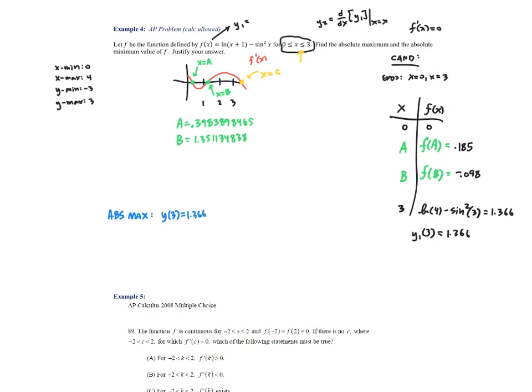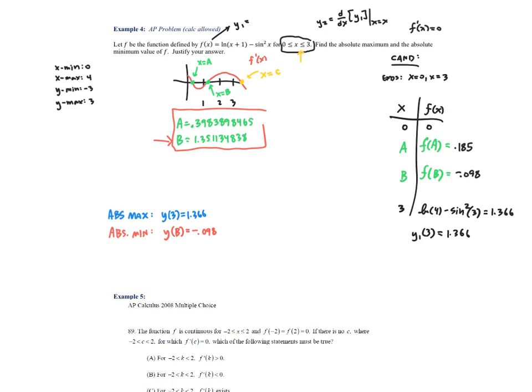And I have an absolute minimum value of y of a. Now I can write it as y of a, y of b, because I've defined it as b here, which comes out to be negative 0.098.